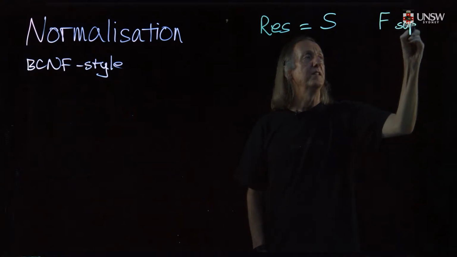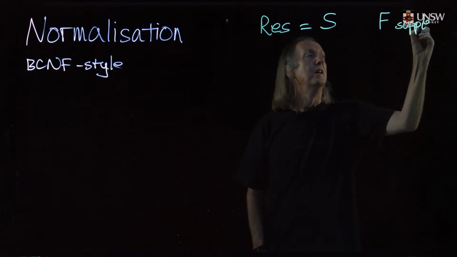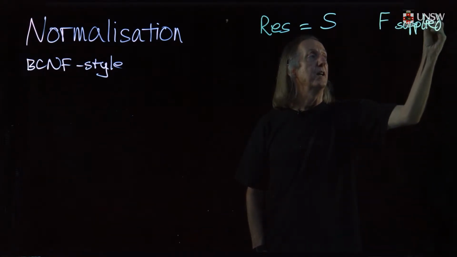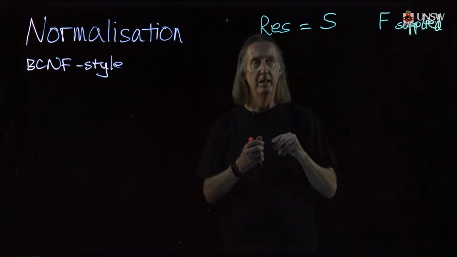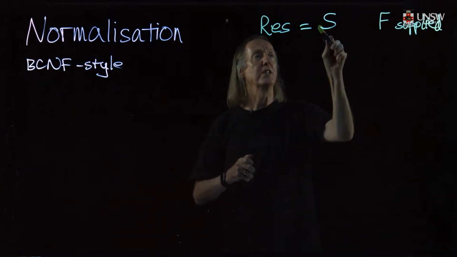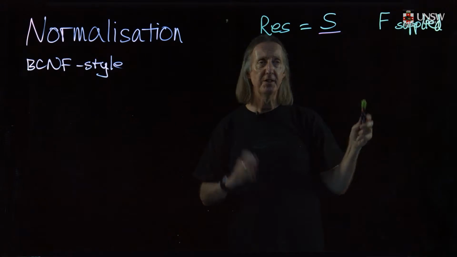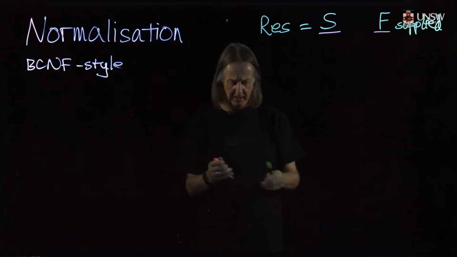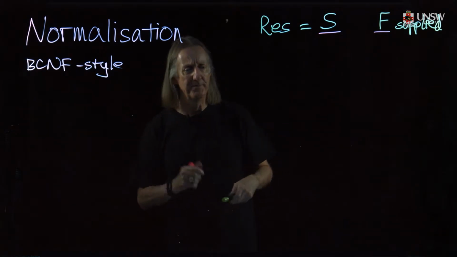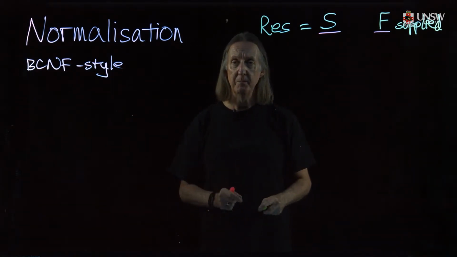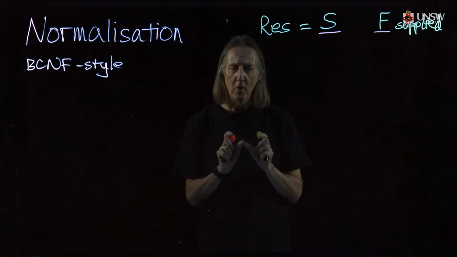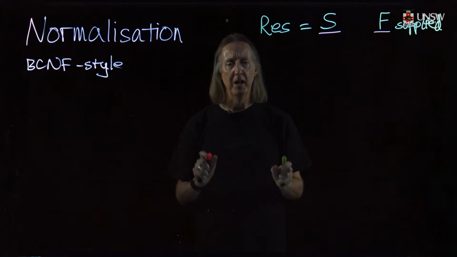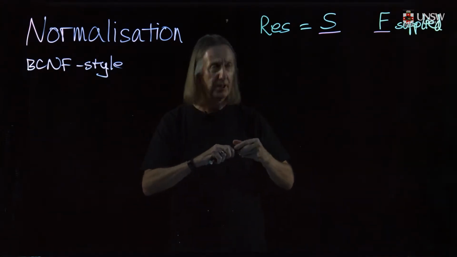So somehow that's applied. So the inputs to this algorithm are this original schema, which is basically a set of all the attributes, and a set of functional dependencies on all of those attributes.